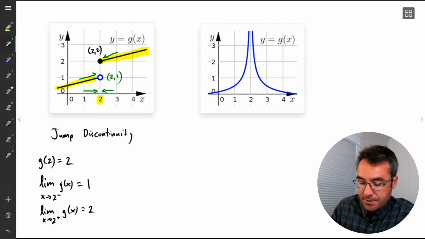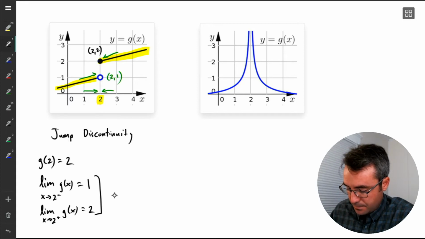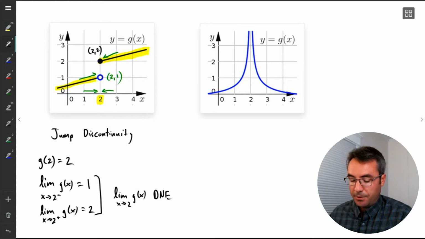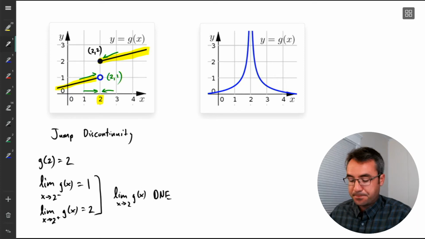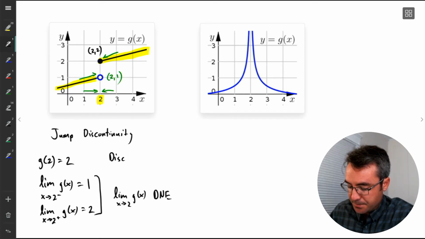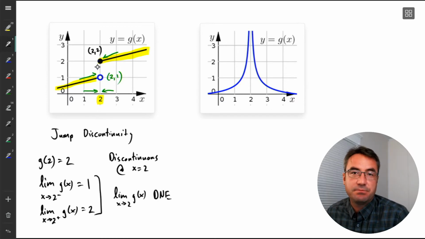And because these two values are not equal, the left-hand limit does not equal the right-hand limit, the overall limit does not exist. So our function value is defined, that's good, but our limit did not exist. And so this is discontinuous at x equals 2. Sometimes we call that a jump discontinuity, again, because there's this little jump in our graph.